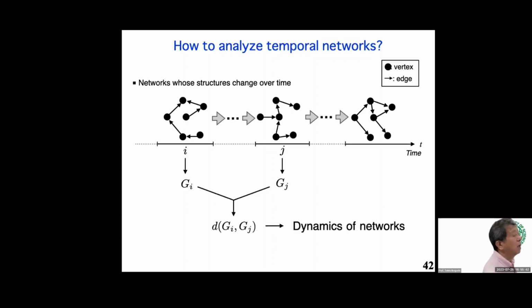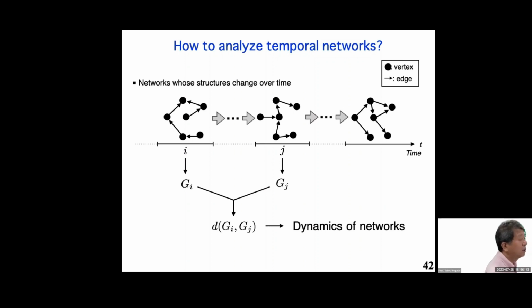For example, we can measure the clustering coefficient of network G_i or the clustering coefficient of network G_j, and discuss how these clustering coefficients change over time. However, we do not discuss this analysis method here.